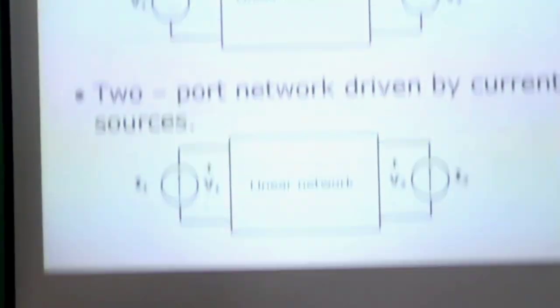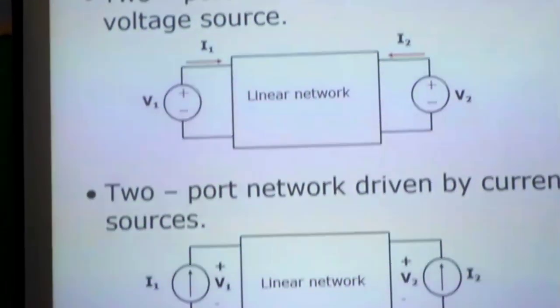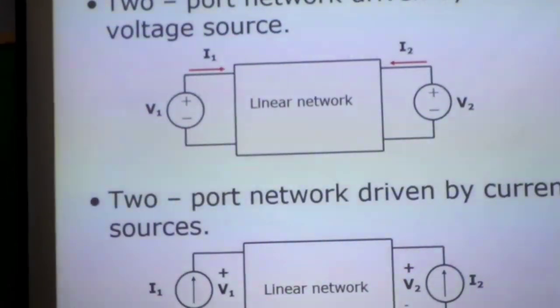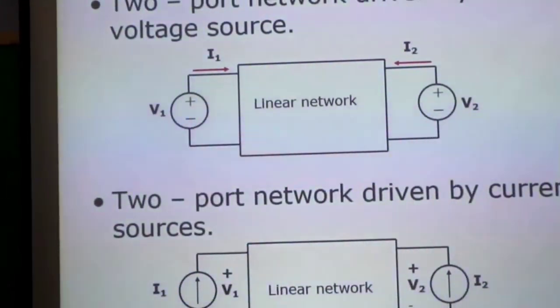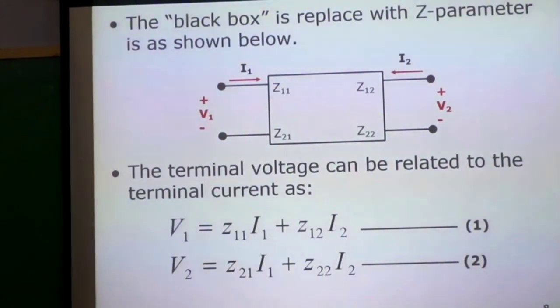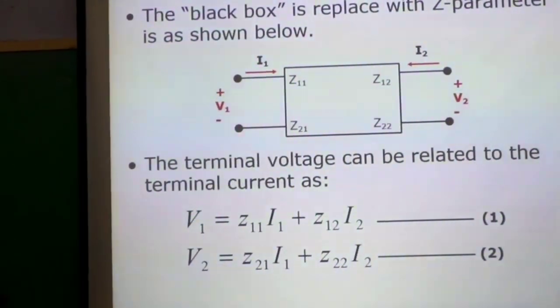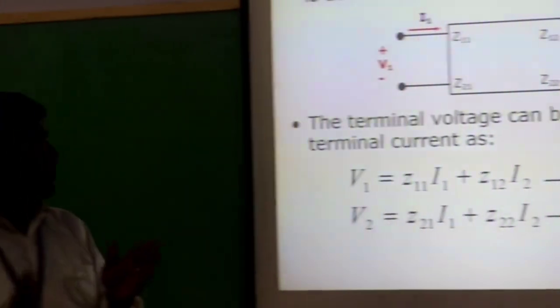There are two types of network. A two-port network operates either voltage driven or current driven. Next. Suppose we have a two-port network, we may connect either voltage sources or current sources. These are the circuit diagrams, with a black box replaced by the Z parameters as shown in the figure.